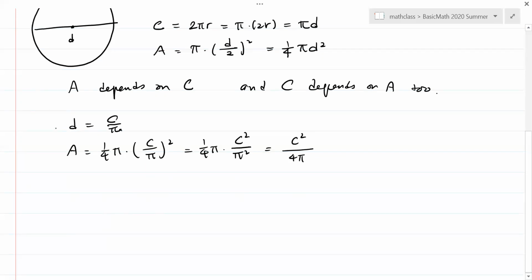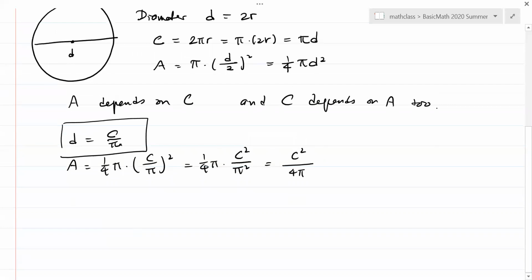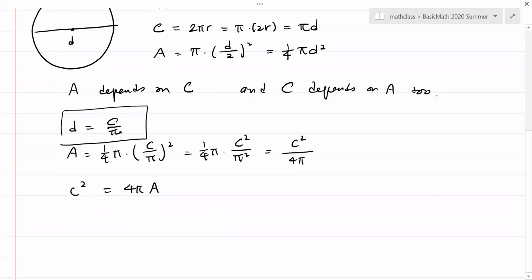So we still use this formula: C squared equals 4 pi times A. Right, that's another formula.